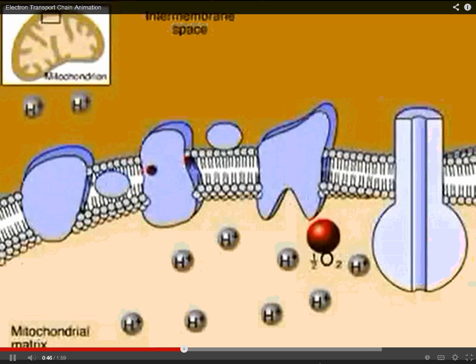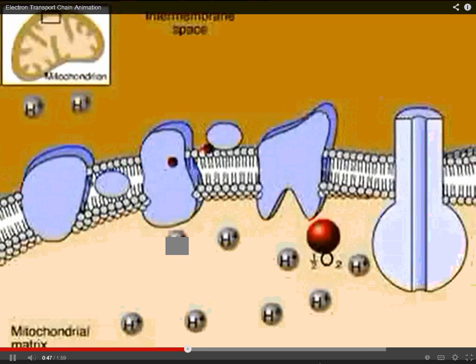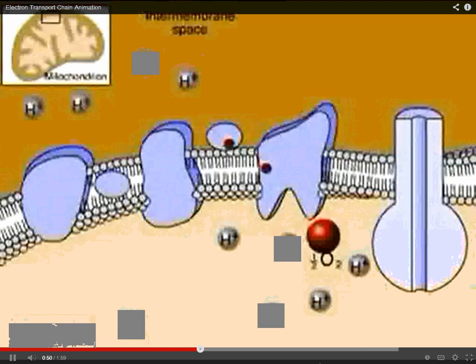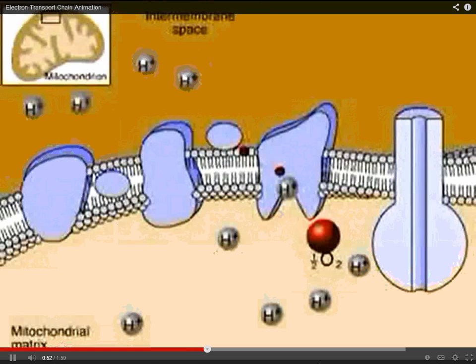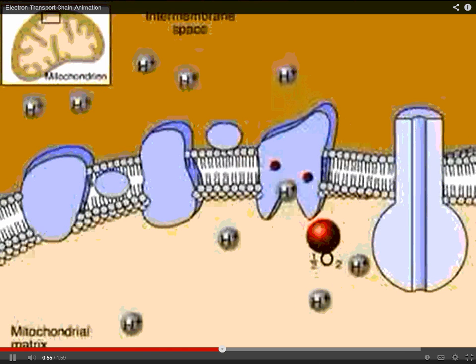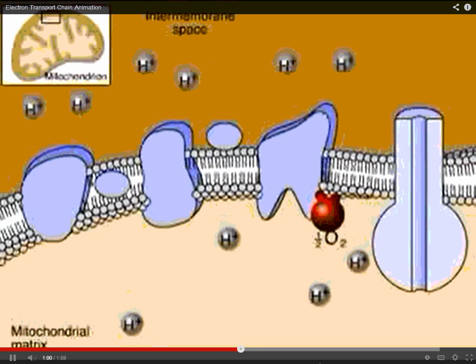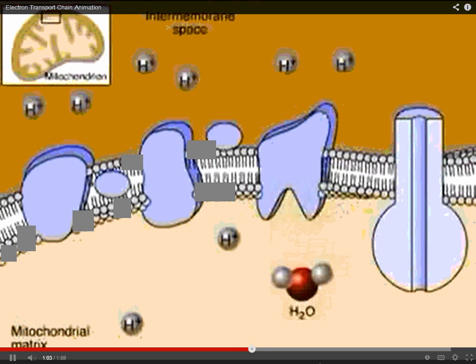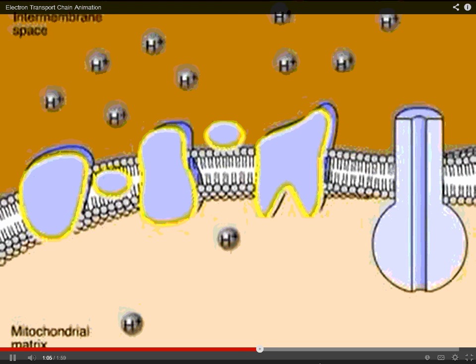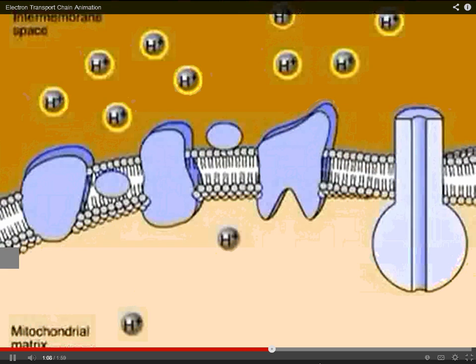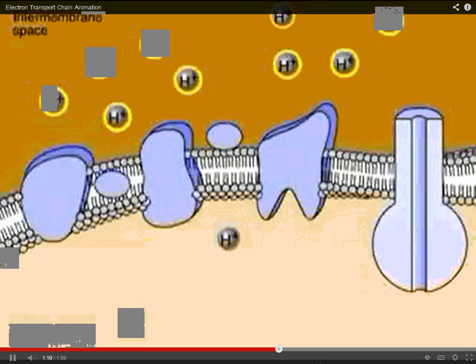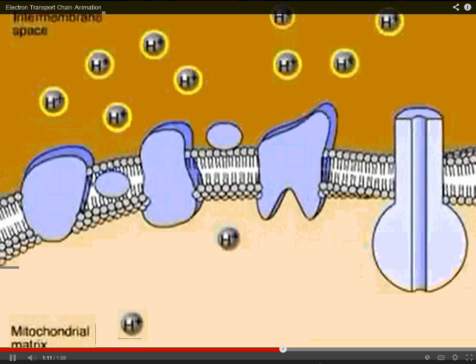The energy given up by the flow of electrons is used to pump hydrogen ions from the mitochondrial matrix to the intermembrane space. Oxygen captures the electrons in the very last step in electron transport. The last electron comes to an oxygen atom with hydrogen ions, forming water. Electron transport has used the energy of moving electrons to pump hydrogen ions into the intermembrane space.